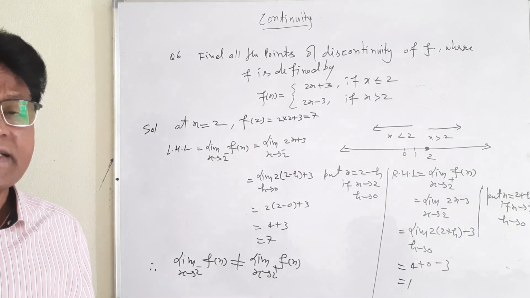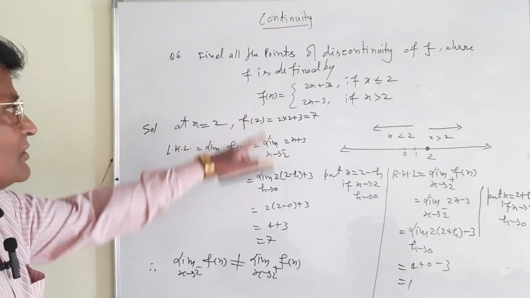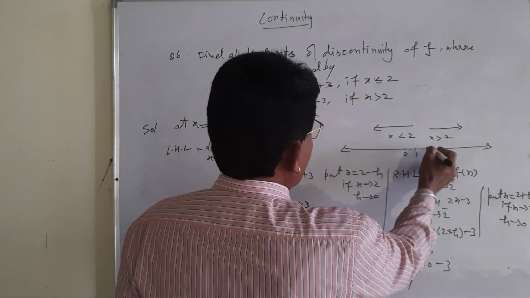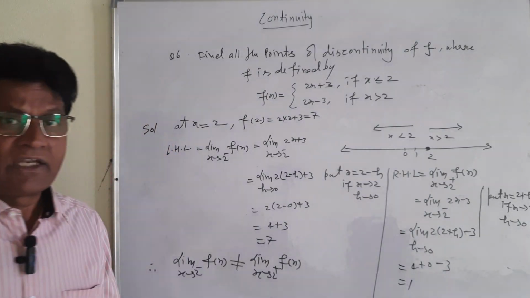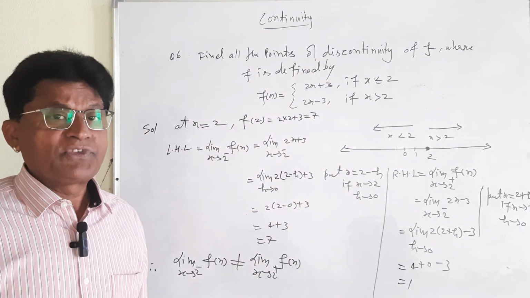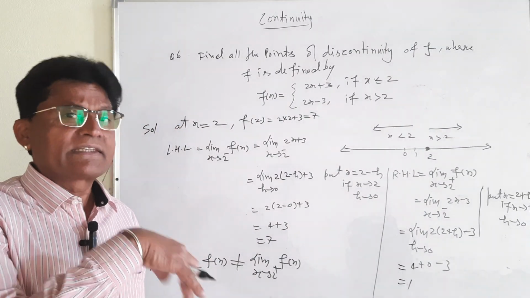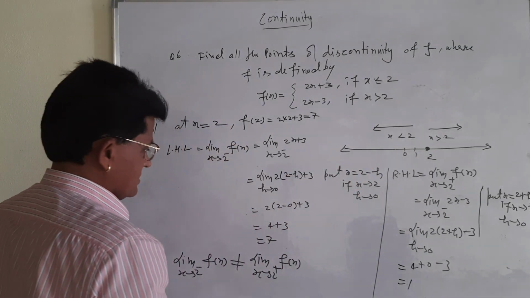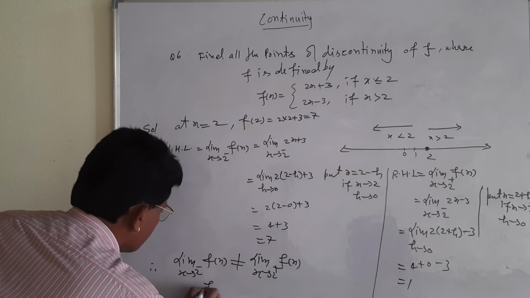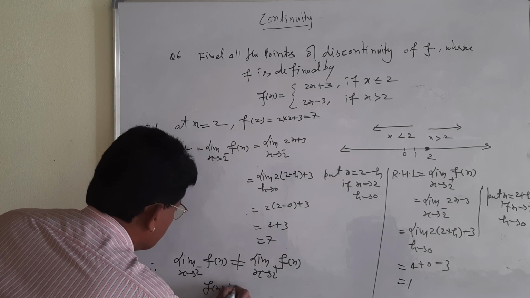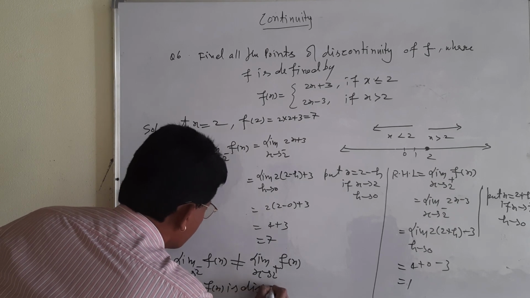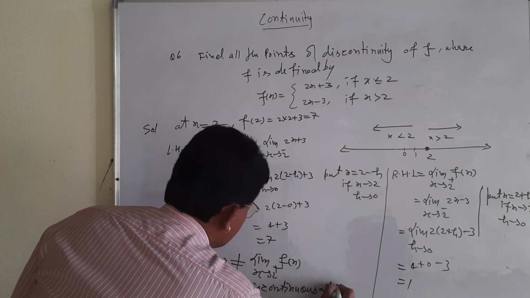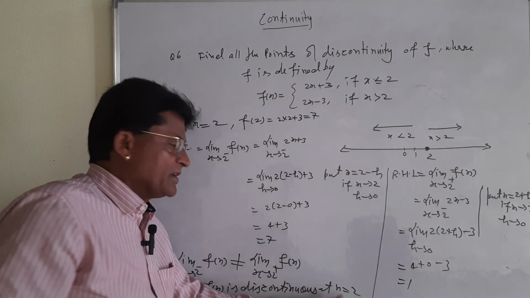Then what will you say? It is the point of discontinuity. Only x equal to 2 is the point of discontinuity. There will not be any other point. If c is less than 2 or c is greater than 2, the function is continuous, but at 2 it is not continuous. You will say f(x) is discontinuous at x equal to 2. It is the point of discontinuity.